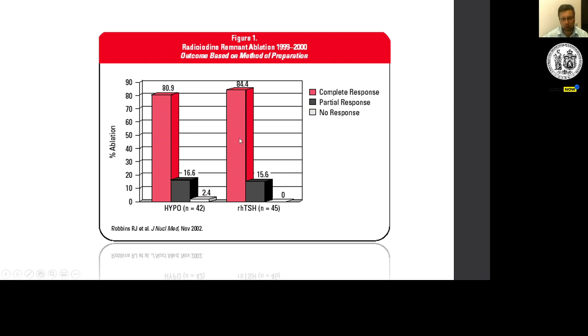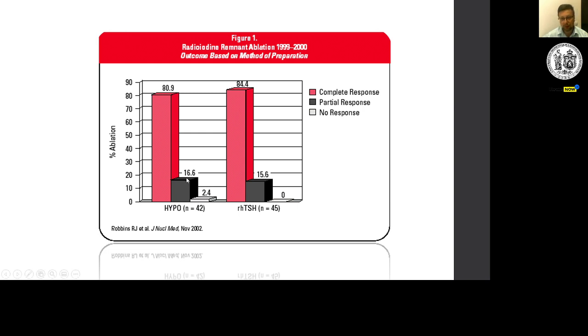In both of those scientific trials, we have seen almost equal results, with approximately 80% of the patients receiving a complete response, which means it was a very efficient kind of treatment.